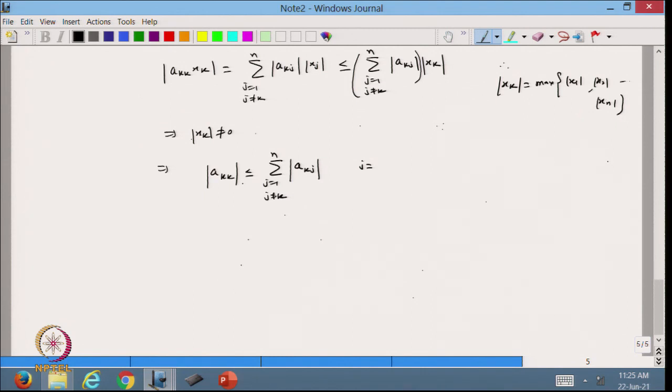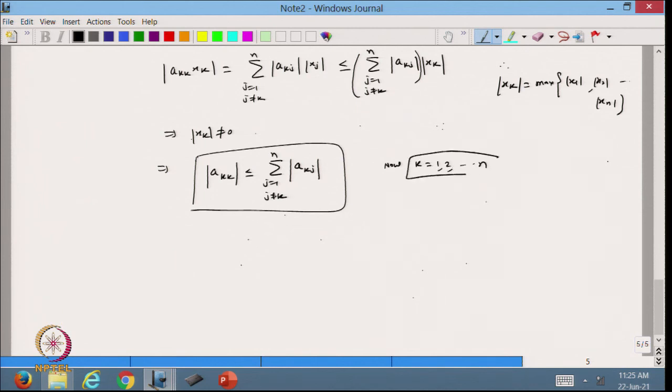So here I am taking k, and this k can be any value. k can be equal to 1, 2, up to n. It can happen anywhere.